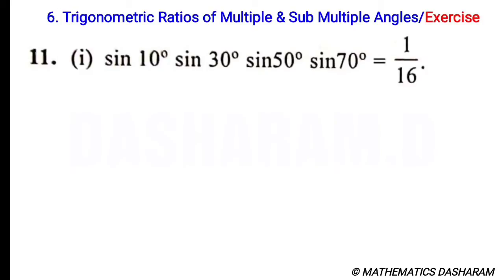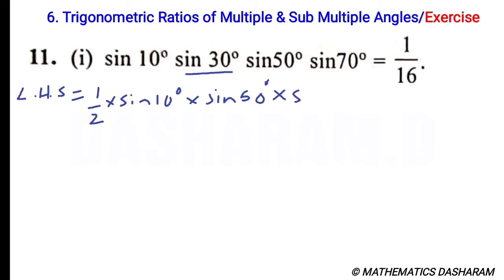11th bit first problem, sin 10 degrees into sin 30 degrees into sin 50 degrees into sin 70 degrees equals 1 by 16. So we have to show that this total product is equal to 1 by 16. So here in the LHS, the sin 30 degrees answer is 1 by 2. So substitute that. Next sin 10 degrees into sin 50 degrees into sin 70 degrees.